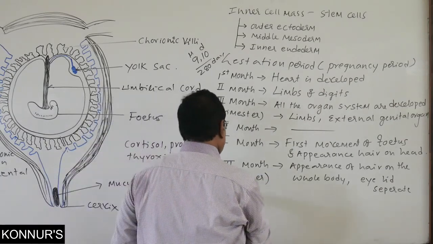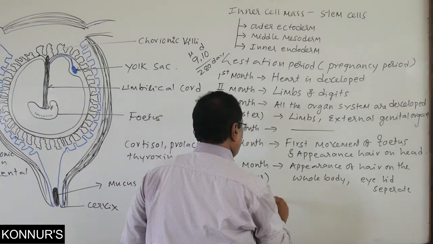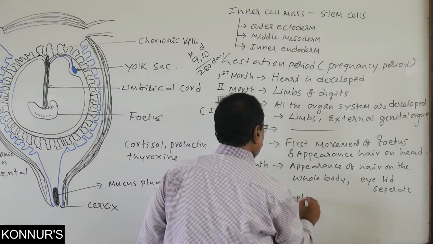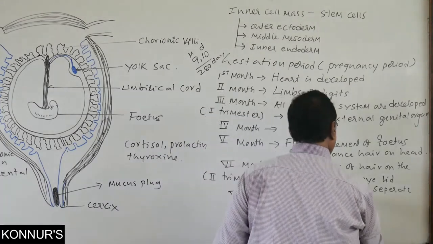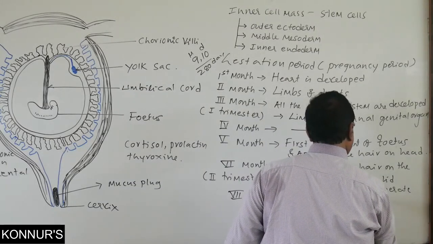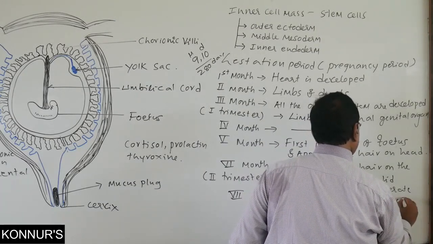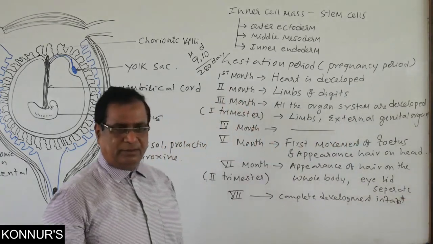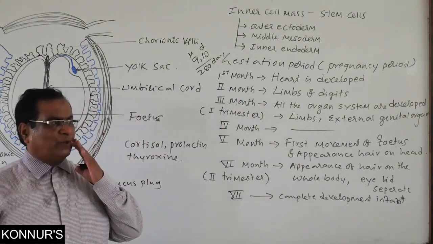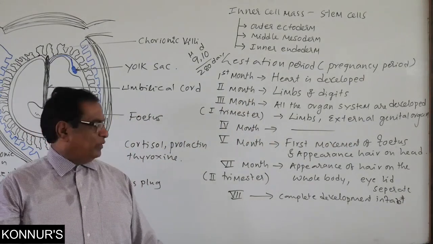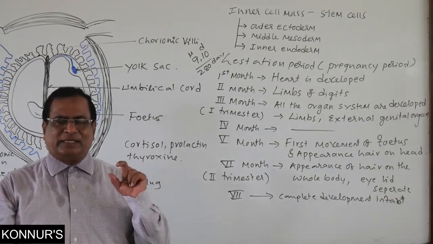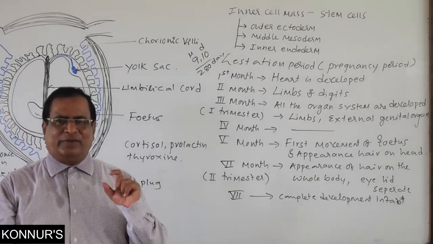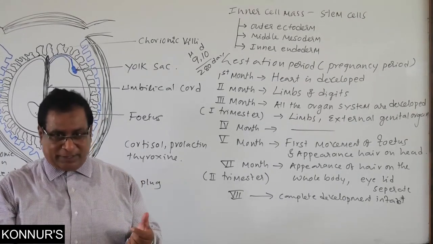And in the seventh month, there is a complete development of the infant. From 7 months up to 9 months, that completely developed fetus remains in the uterus as if it is in an incubator.